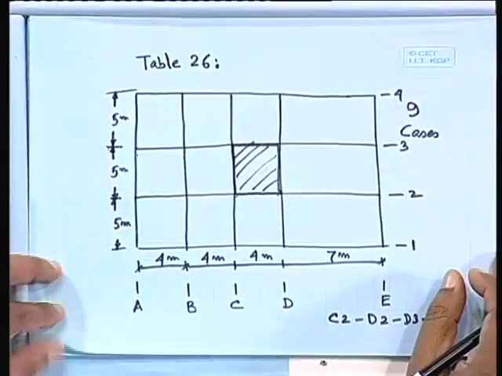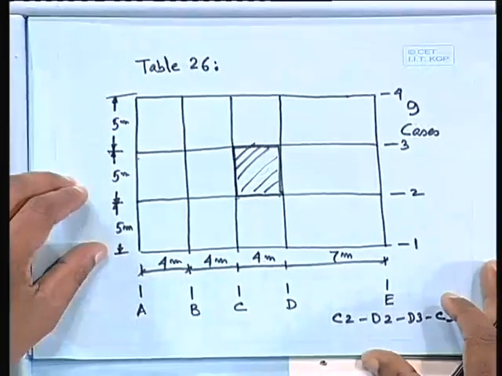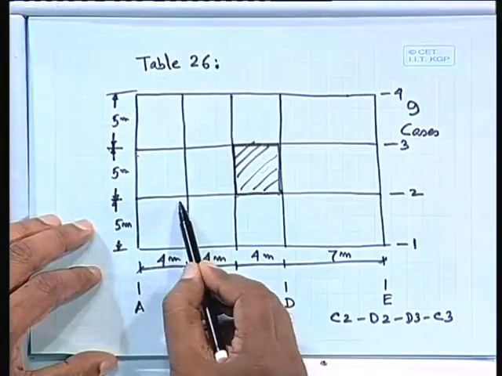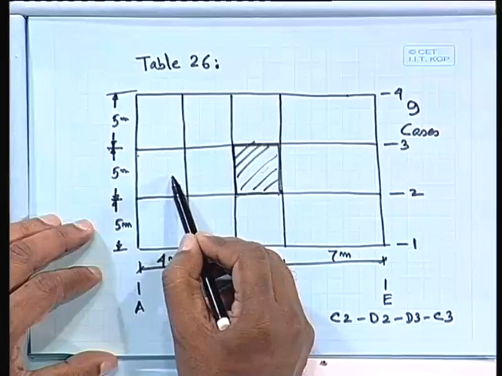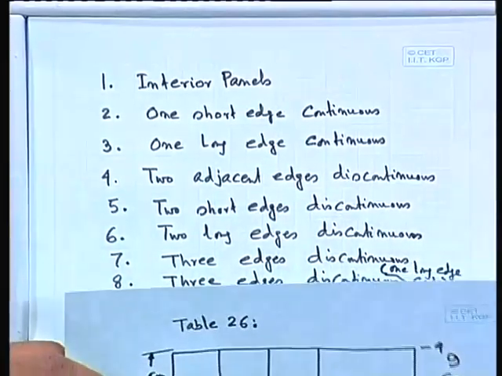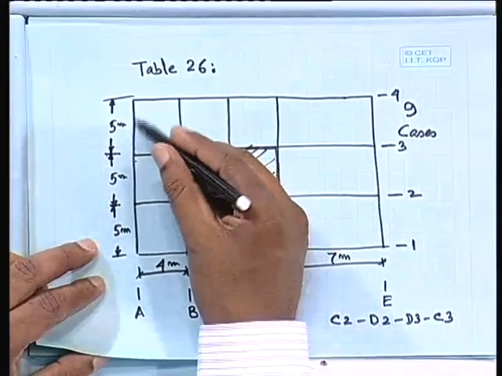Similarly, we can have one long edge continuous: this is the longer edge and this is the shorter edge, and this edge is continuous. So that is another panel, another case. Now, two adjacent edges discontinuous means this corner.